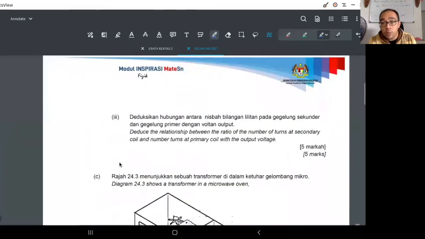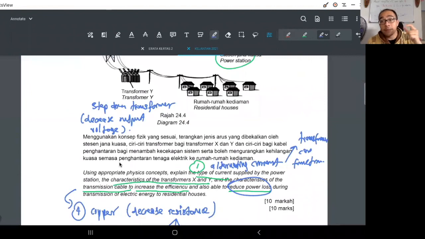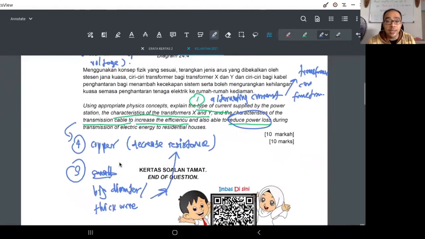But in the power cables, we want the wires to be thick because they have to transmit a lot of power, a lot of current. So we need thick wire so that the resistance is decreased. When you decrease the resistance, it won't lose so much power. It would otherwise become too hot.